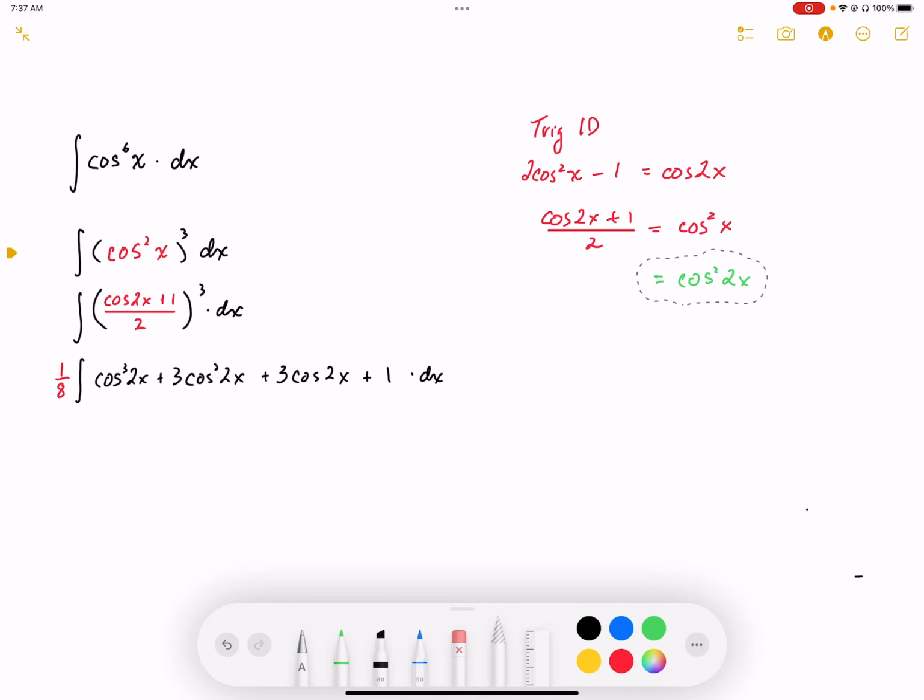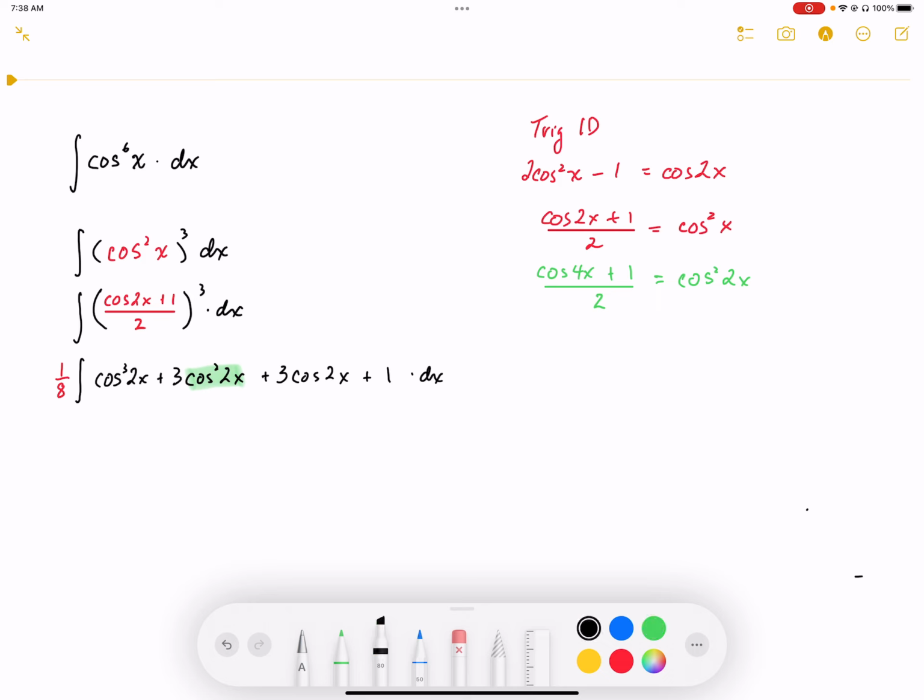The right-hand side of that expression, all we're going to do is make that, instead of going from x to 2x, go from 2x to 4x. And that's the exact same expression in the double angle form, but instead of 1 and 2, we're using 2 and 4. And that's what we're going to use to replace this cos squared 2x here. And that's going to get rid of the power on the cosine.